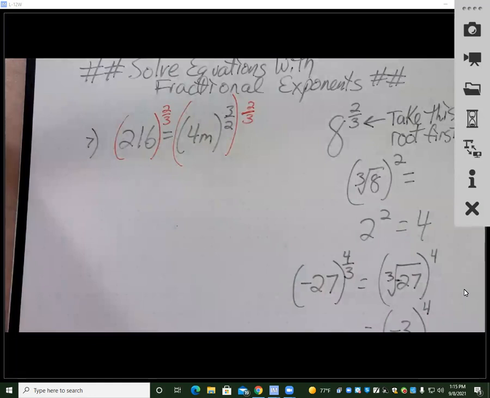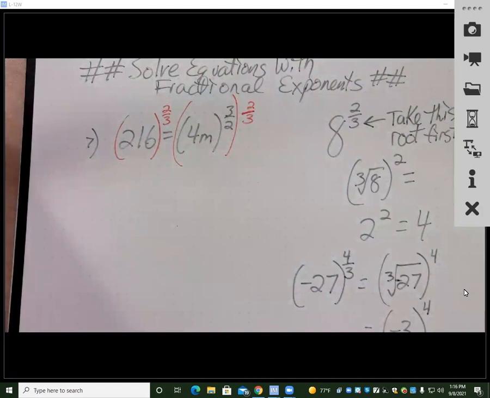What's the cube root of 216? Jake? There you go. We take the cube root of 216, which is 6, and now we square that answer. So we get 36 on the left-hand side. Does that make sense? Is everybody with me so far?